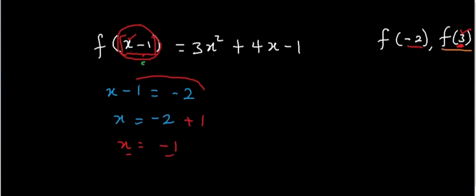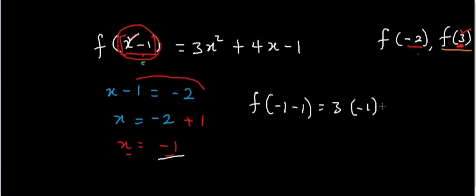Which means we can now have x into minus 1, representing this x here, into my 3x. What's my x now? My x is not minus 2, but my x is what? Minus 1.